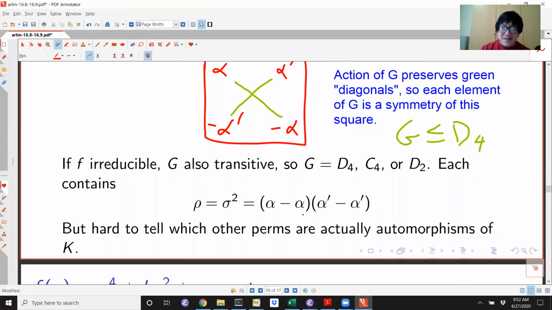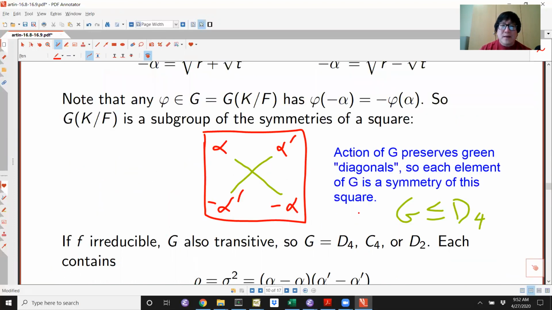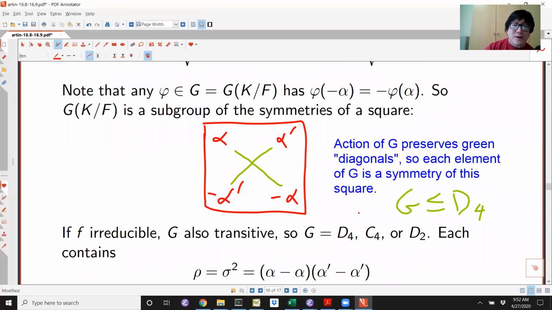Oh my goodness. Right. So I wanted to have some notation here. So let's see.